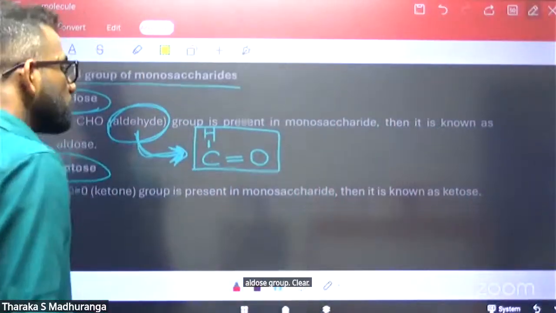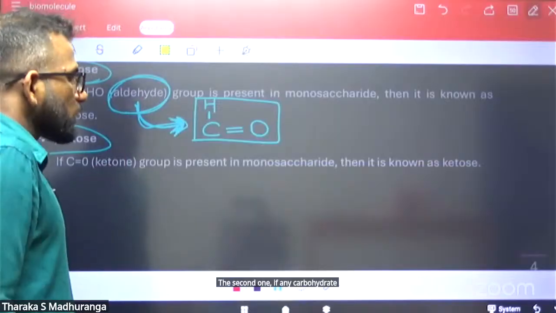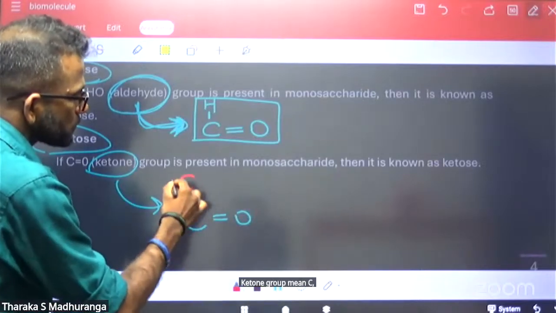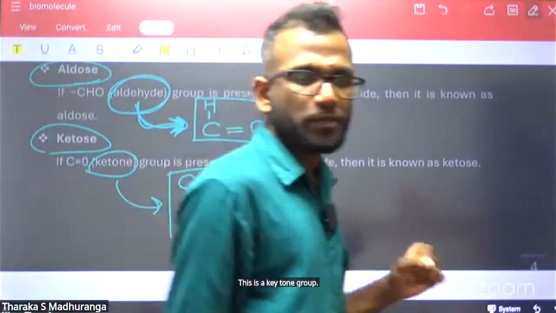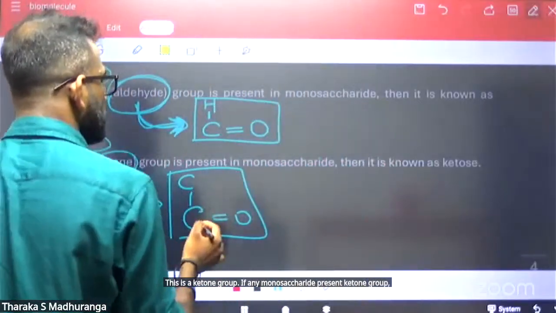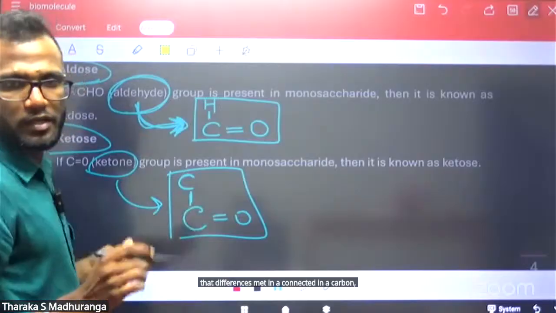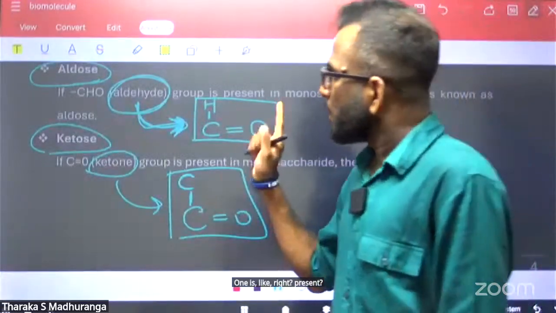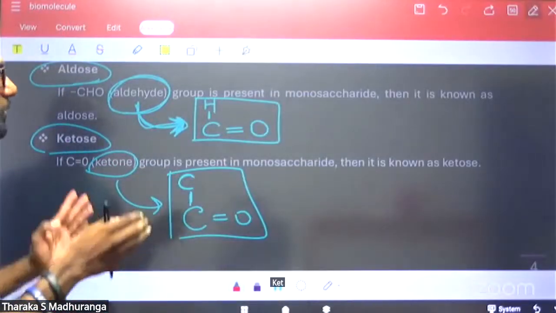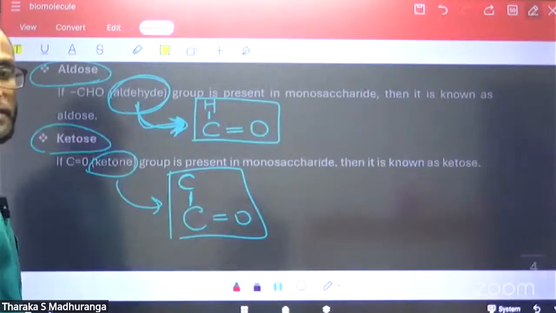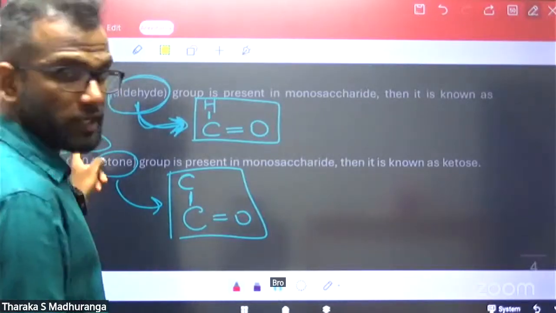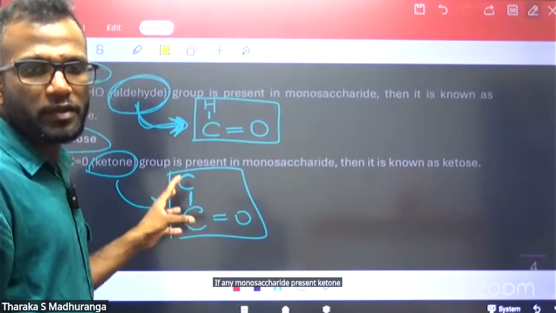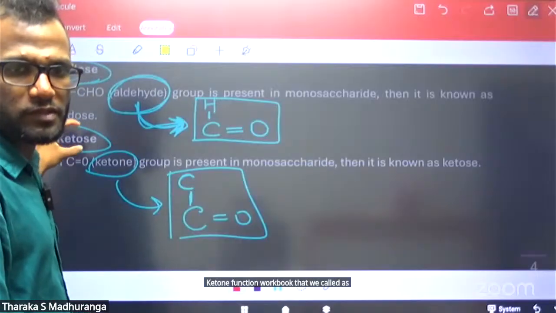Clear? The second one: if any monosaccharide has a ketone group, C double bond O, the difference is that the carbon is connected to carbon rather than hydrogen. If any monosaccharide has a ketone functional group, we call it a ketose.